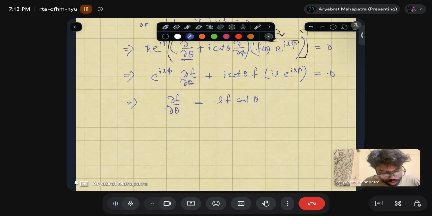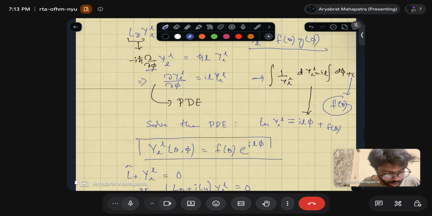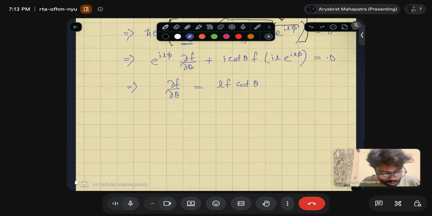Again you can do the same type of integration right here, the same type of differential equation which we have seen here. So here also you have that.